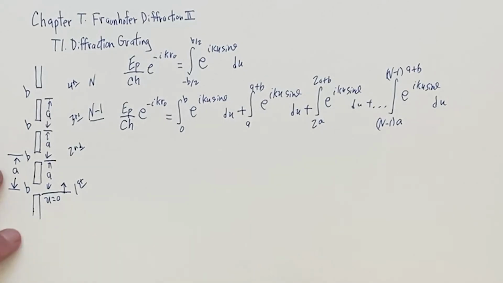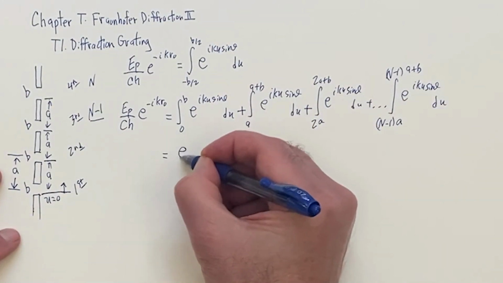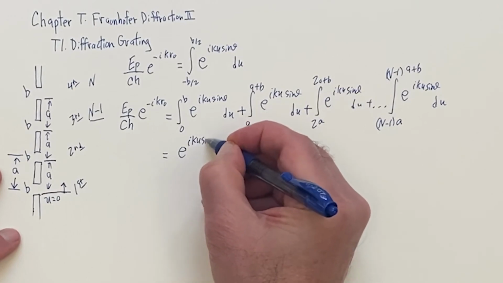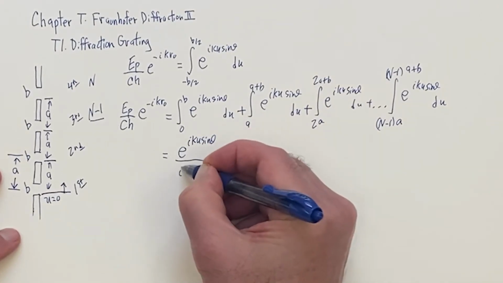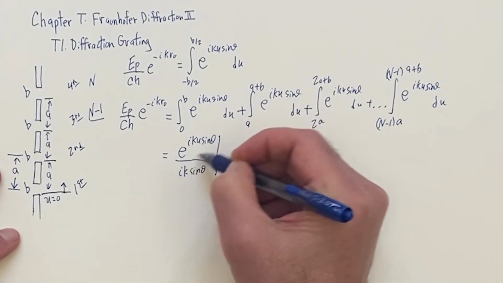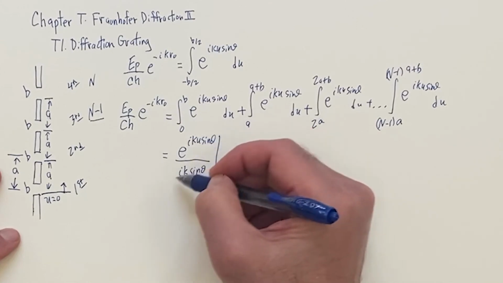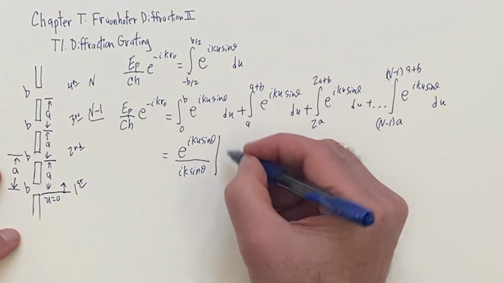Okay, so integrals are easy to do. They're all going to have e to the iku sine theta over ik sine theta. So if I take a derivative here, I get the same thing back and pop down the ik sine theta, which cancels there, and I get what I'm supposed to.